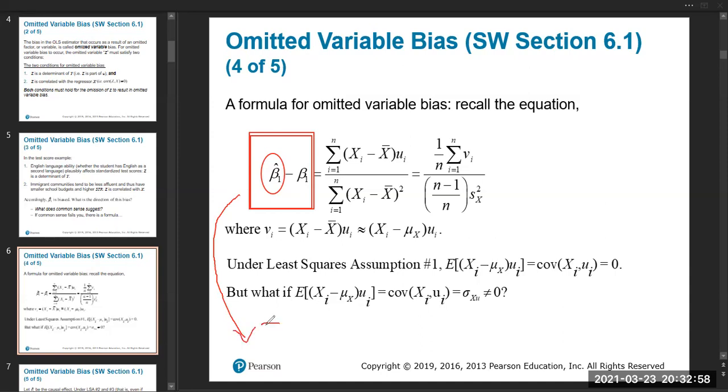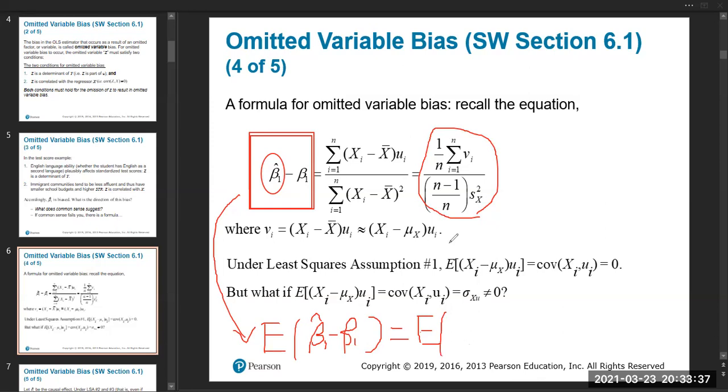So the expectation of beta 1 hat minus beta 1, we want this expectation to be 0. If this expectation is 0, then it is unbiased, because beta 1 hat has a distribution, but beta 1 is the population parameter that's out there, we don't know. So this equals the expectation of this giant thing. Left side equals the right side, so we just drag this down here.